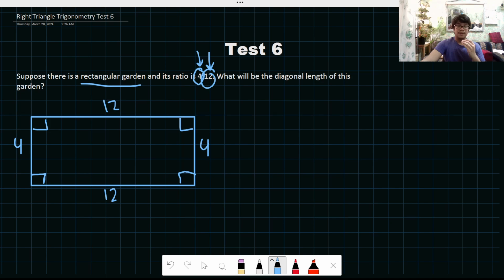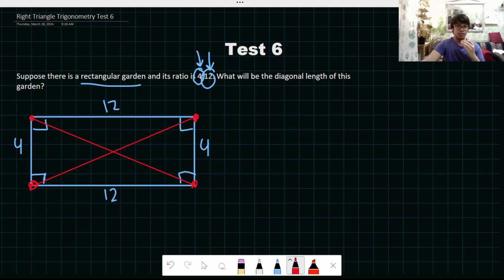Another thing that we need to know is that a rectangle shape has a diagonal length. It's either starting from here, going there. So let me just draw it here, like from here to there, like that. Or it could be from here going here. So from there to there. All right? It's up to you.